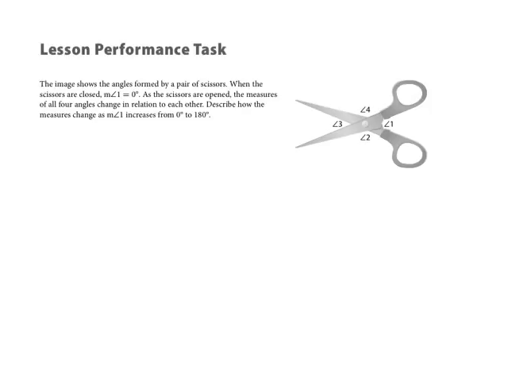I will help you work through this performance test. The image shows the angles formed by a pair of scissors. When the scissors are close, the measurement of angle 1 is equal to 0. That is because the scissor handles are close together and there is no actual degree there for the angle.